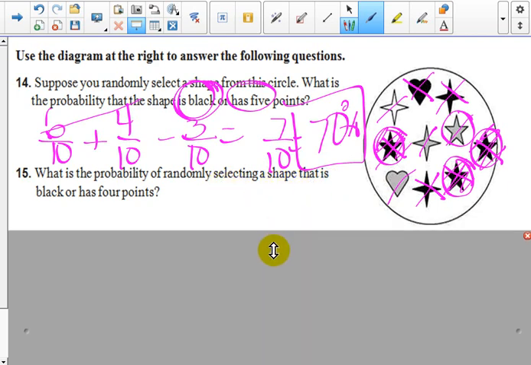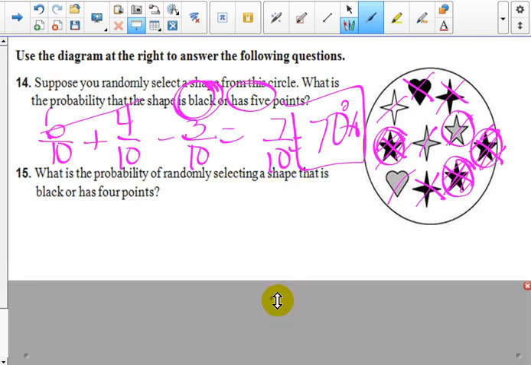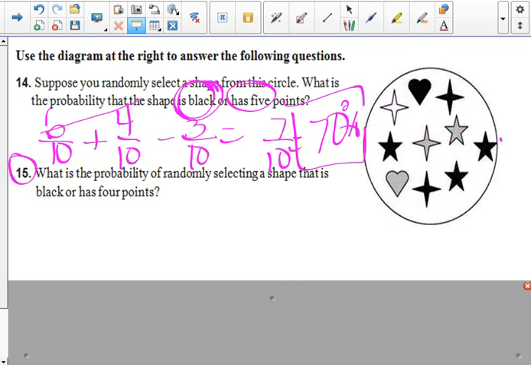Okay, now work number 15 on your own, and you already know that there's 10 shapes. How is 7 minus 3 7? It's 6 plus 4, that's 10, and 10 minus 3 is 7.